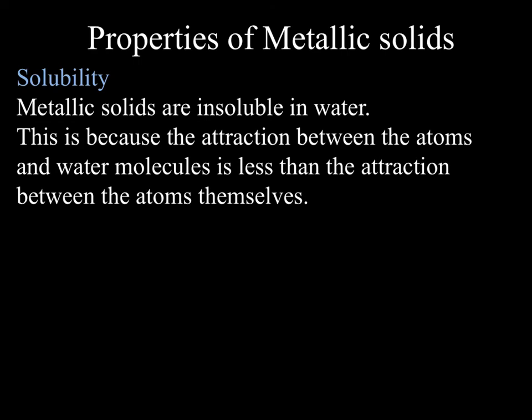The technical explanation is that the attraction between the atoms and water molecules is less than the attraction between the atoms themselves. So if you take a magnesium atom, let's draw a lovely picture: 2 magnesium atoms and two water molecules.